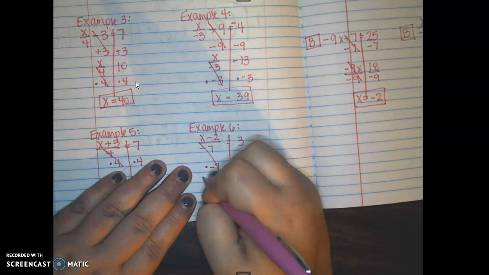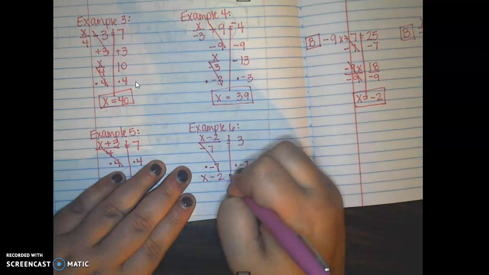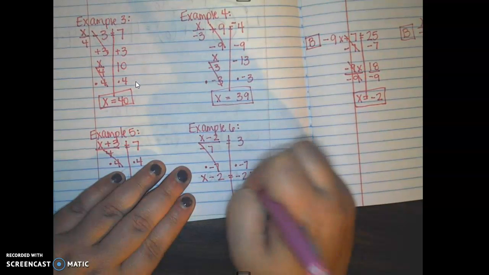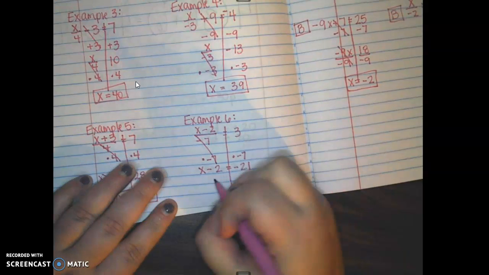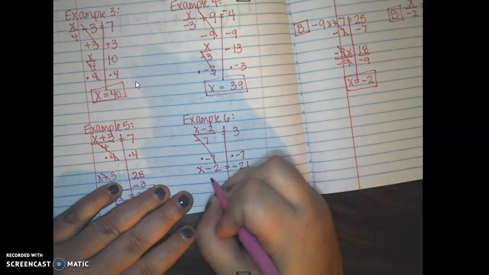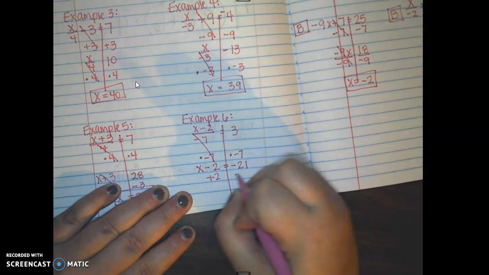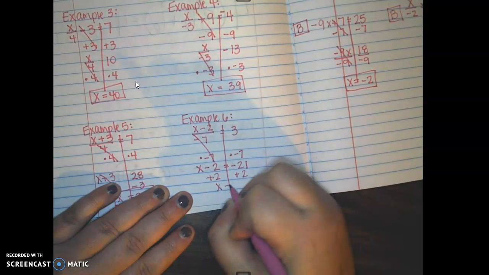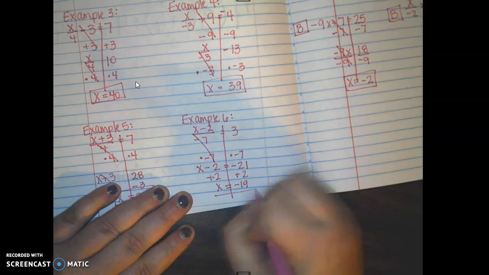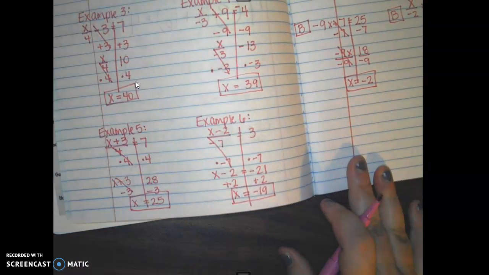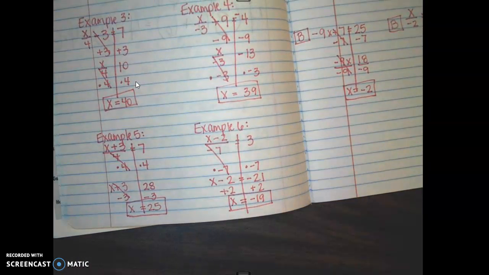Which cancels, leaving with x minus 2 equals negative 21. To undo, the inverse of subtracting is to add. So I'm going to add 2 to both sides. I get negative 19.